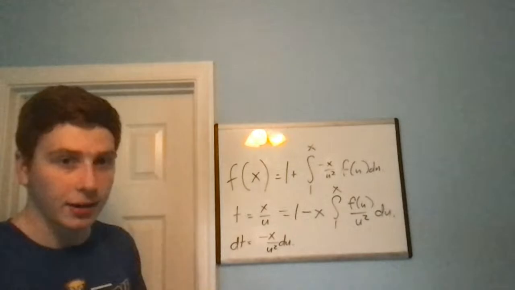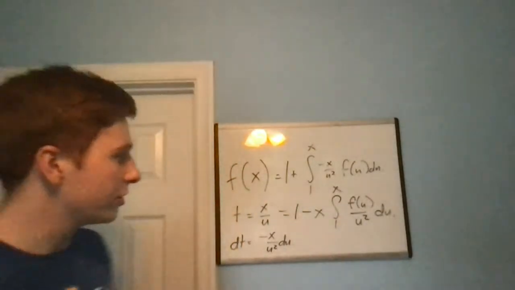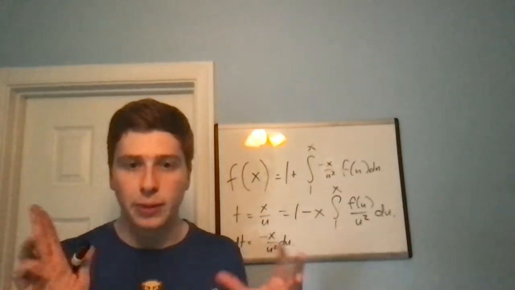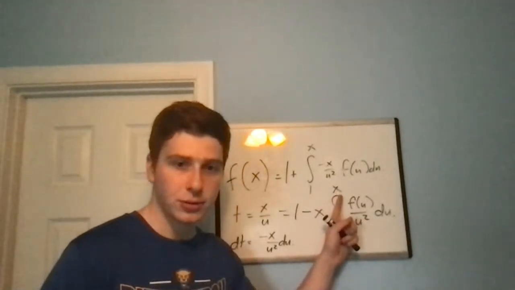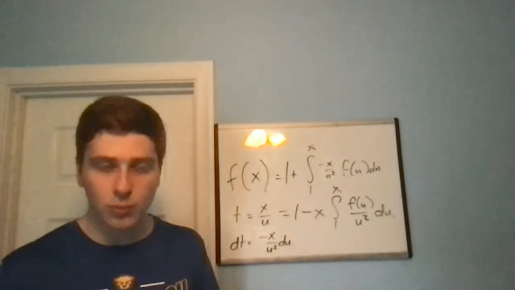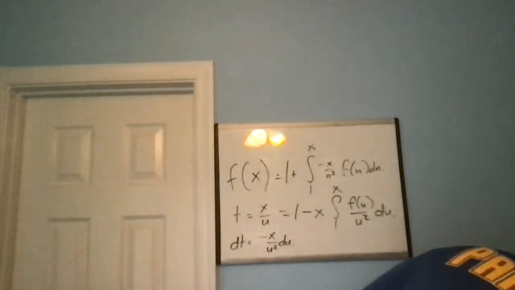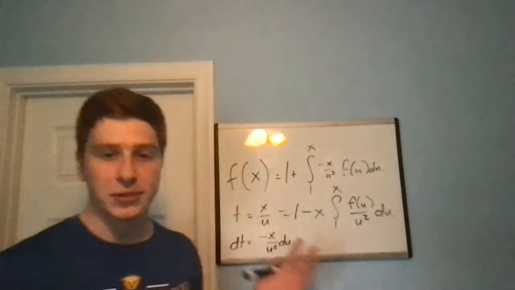Okay, and it turns out we were successful, because this integrand here is purely a function of u, some dummy variable, and the only x dependence lies in this upper bound. So when we take a derivative of both sides, we will be able to successfully get a differential equation.